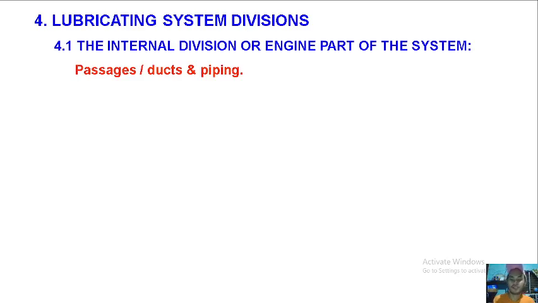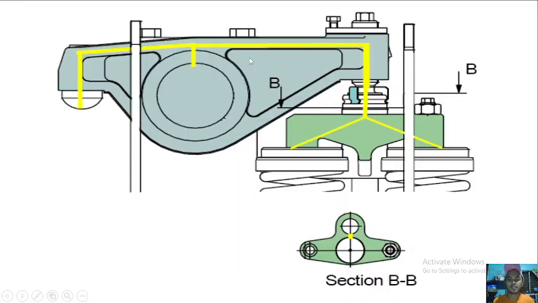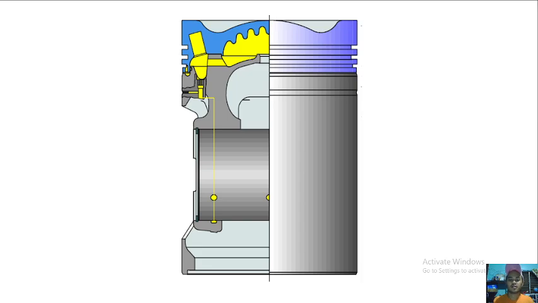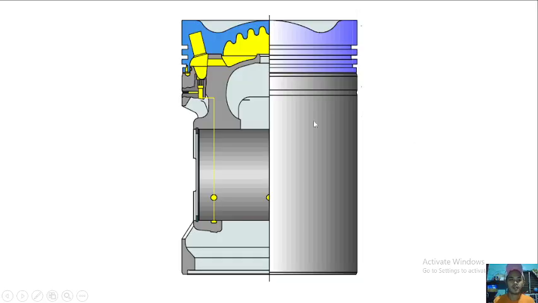That's the internal division. This one is the crankshaft, this one the connecting rod. These are the holes in which oil will enter or penetrate: in the camshaft, in the rocker arm, in the push rod also, in the piston pin, and under the piston crown also for cooling.